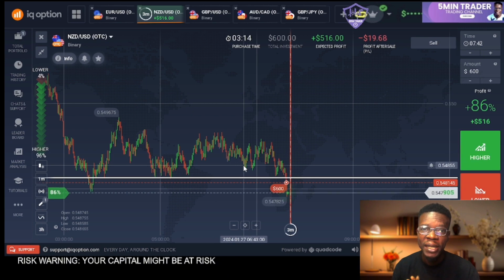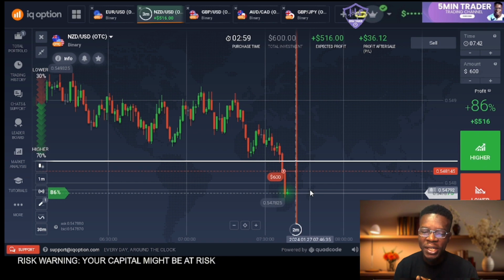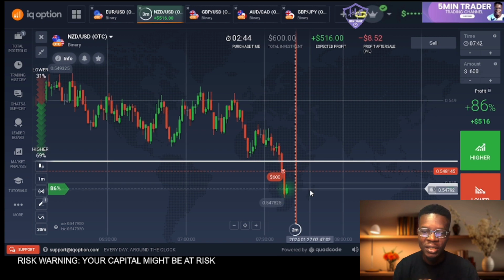Binary options market is not like the forex market, though it is the same, but we are trading over the 1 minute time frame, and that means the candlesticks will be moving much faster, and you want to be on the right side of the market for at least a very short period of time. So your entries are very, very important. If you can have very good entries, your chances of winning your trades will increase much higher. So you need to try to work on that.